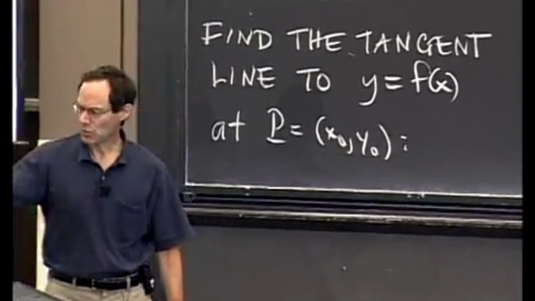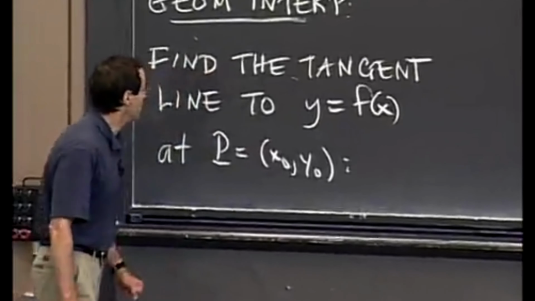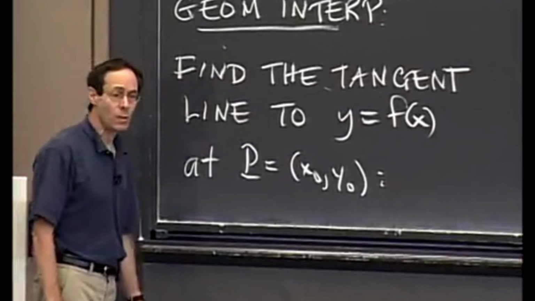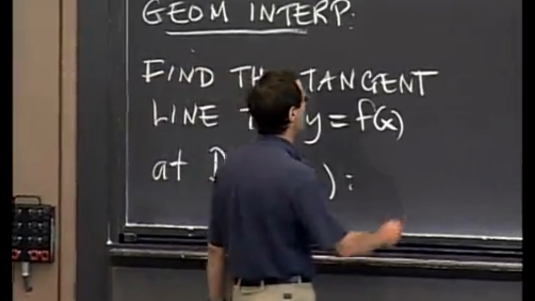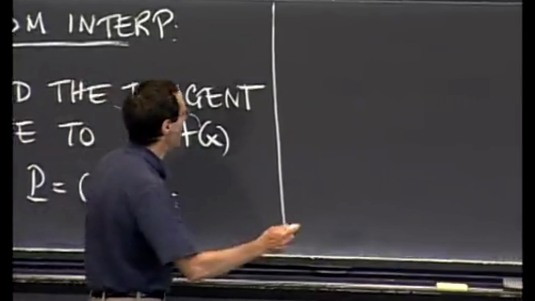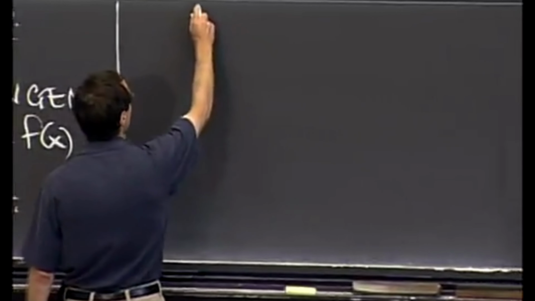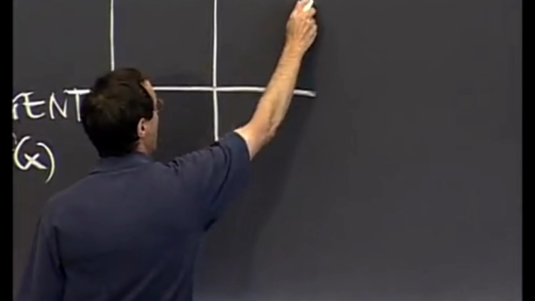I guess I should probably turn this off. All right. So here's our problem. And now let me show you the solution. So, well, let's graph the function. So let's say here's its graph.